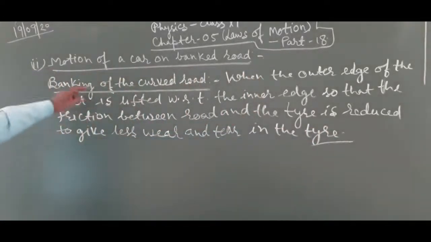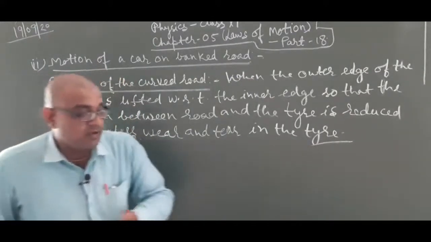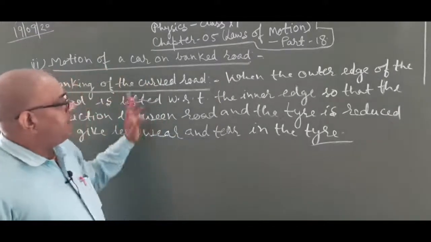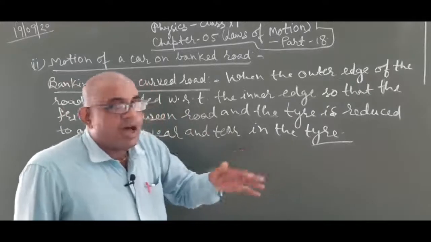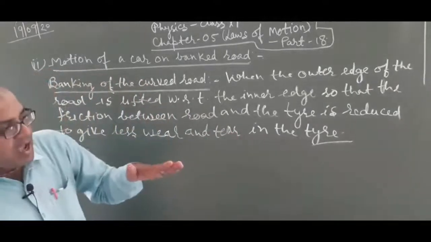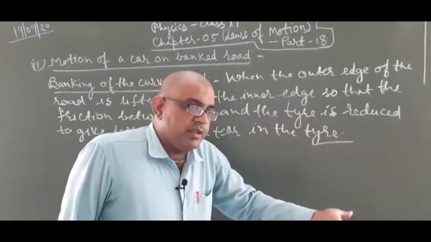Banking of a curved road means that at a sharp turn, at the position where the road is taking a sharp turn, the curved roads are bent, which means they are lifted from the outer edge and lowered at the inner edge.